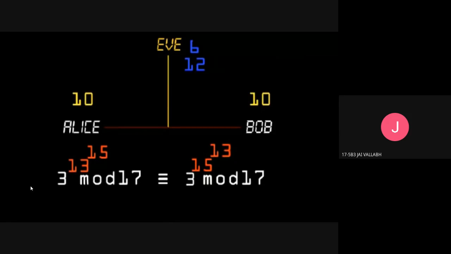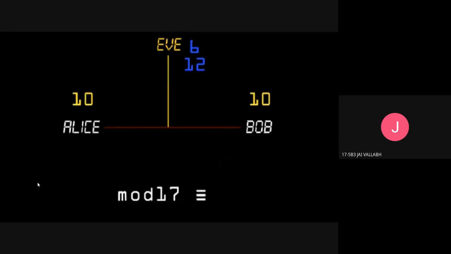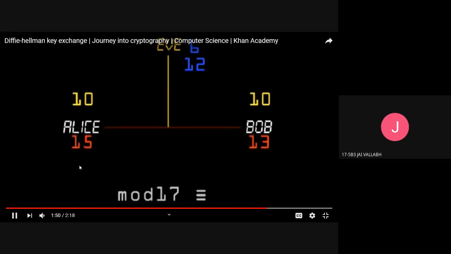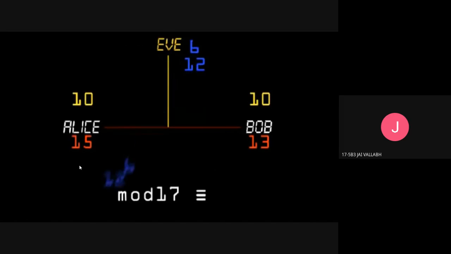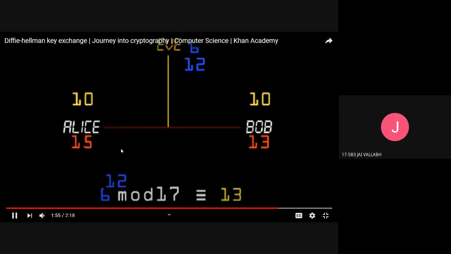Notice they did the same calculation with the exponents in a different order, and the result doesn't change. They both calculated 3 raised to the power of their private numbers. Without one of these private numbers, 15 or 13, Eve won't be able to find the solution.